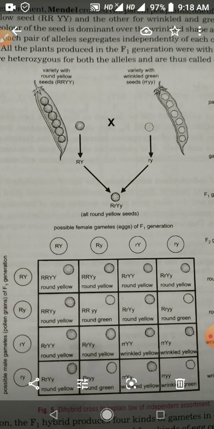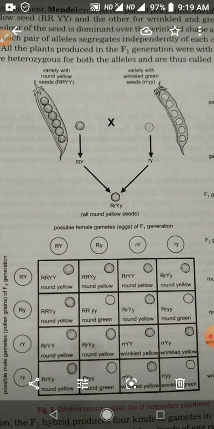According to the probability of combination of two pairs of genes in F2 generation, the progeny will be round yellow. In monohybrid cross, round 3/4, yellow 3/4. So 3/4 into 3/4 gives 9/16. Like this, green round: green is recessive, round is dominant. So round is 3/4, green is 1/4, and 3/4 into 1/4 is 3/16.